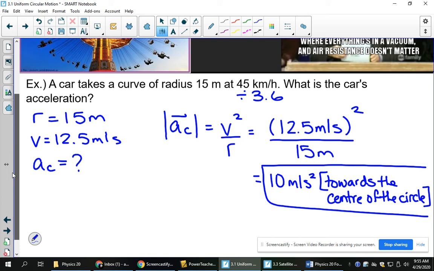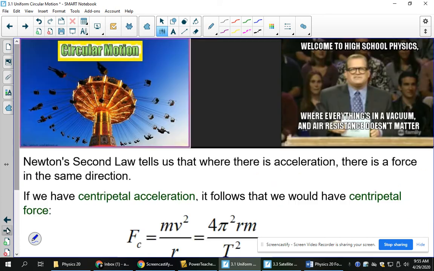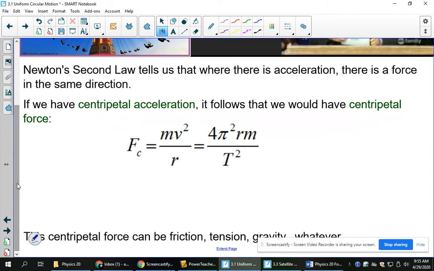All right, we've done velocity, we've done acceleration. Next thing to take a look at would be force. Remember Newton's second law, F equals ma. It still applies here, but if we would like to do centripetal force, we have to use centripetal acceleration. If I simply take that and replace it by the equation we just used for centripetal acceleration, I get the centripetal force to be mv squared over r.